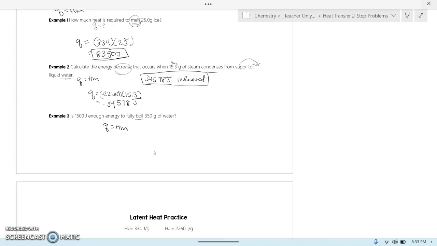It's going to be equal to or larger than Q when we calculate it for 350 grams of water. So we are trying to boil, so that means we're going to use 2,260. We've got 350 grams of water.